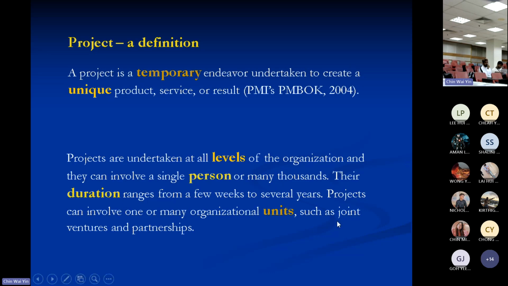A project's duration can also range from a few weeks to several years. So the MRT project is several years, isn't it? Your group assignment project is 10 weeks. Start from week 1, due date week 10, right? So it can be from weeks to months to several years.